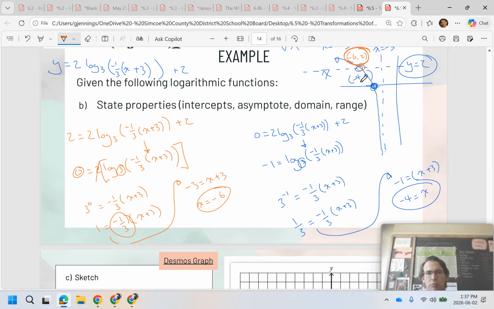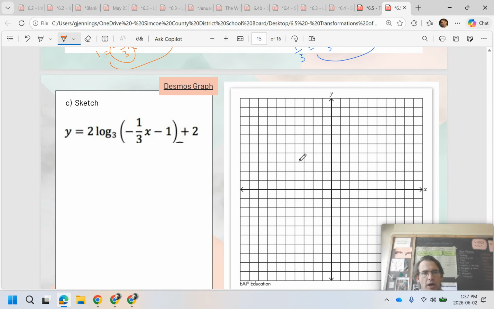So now we've got this point and that point, and we can now create a beautiful sketch. So our asymptote was at -3. 1, 2, 3. This is our intercept. And then when we were up at 2, we were over at -6, 1, 2, there.